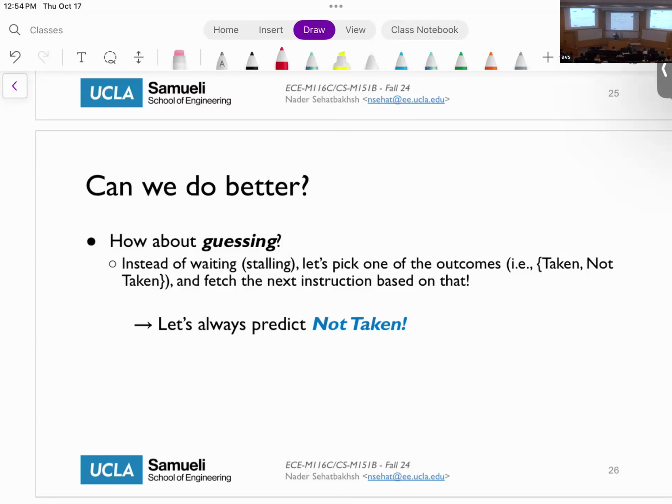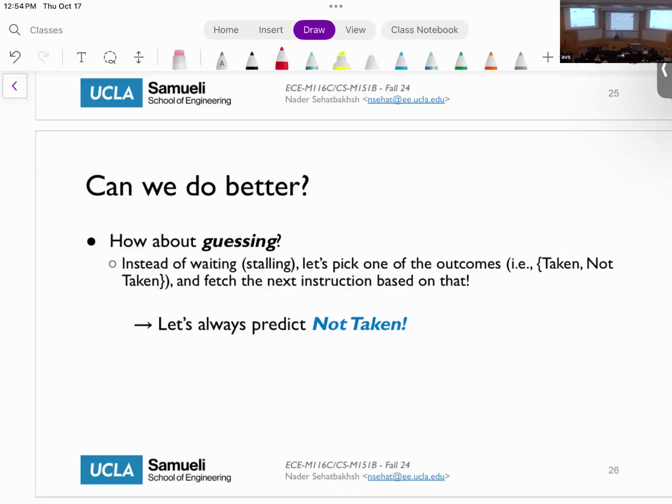Later on, I'm going to introduce the concept of branch prediction, where we add another unit to our processor which dynamically decides. For some branches, it's going to guess not taken. For some other branches, it's going to guess taken. But for now, let's start simple. Let's think that we have a static predictor that always outputs either not taken or taken. Let's see which one is the best.